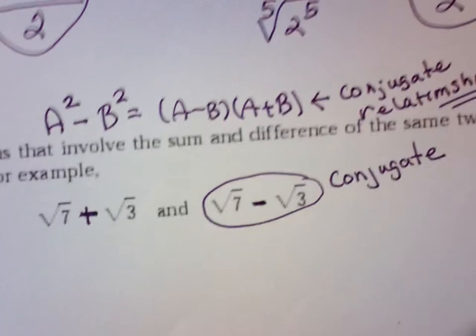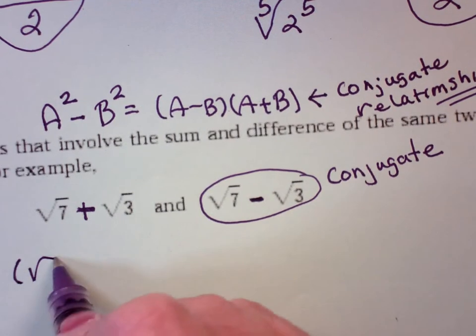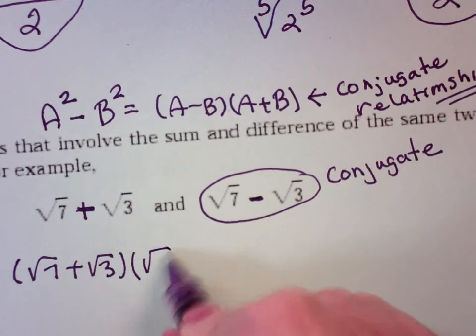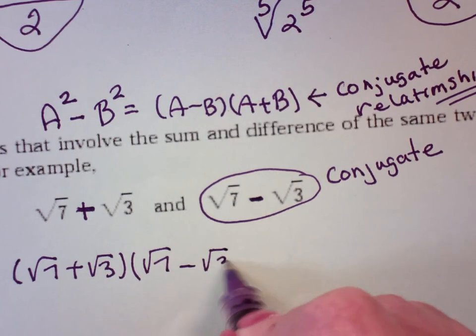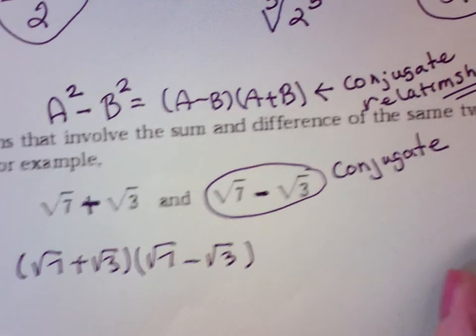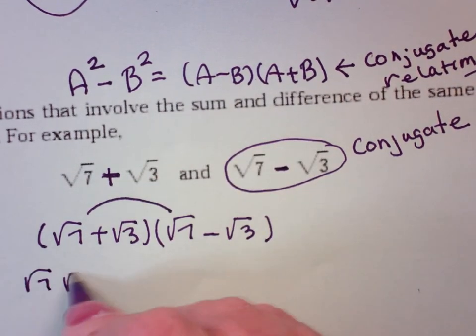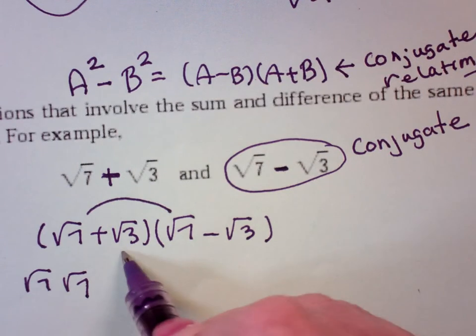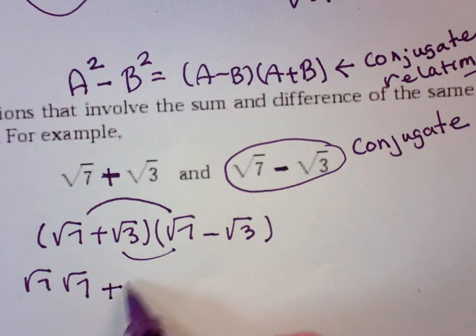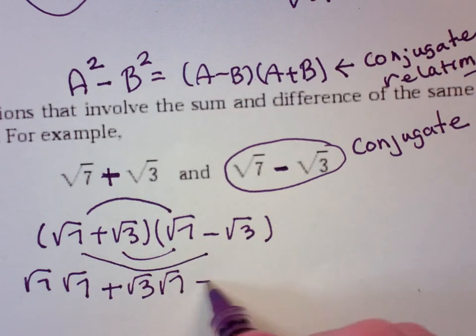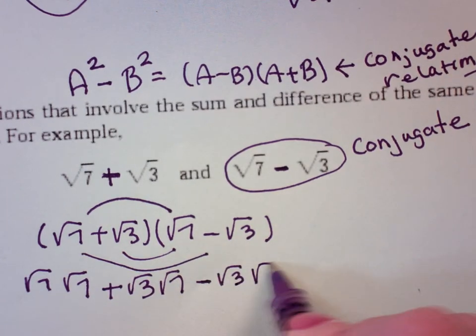Now, if I were to take the square root of 7 plus the square root of 3 times the square root of 7 minus the square root of 3, FOIL that. First is the square root of 7, square root of 7. Inner is plus square root of 3, square root of 7. Outer is minus square root of 3, square root of 7.